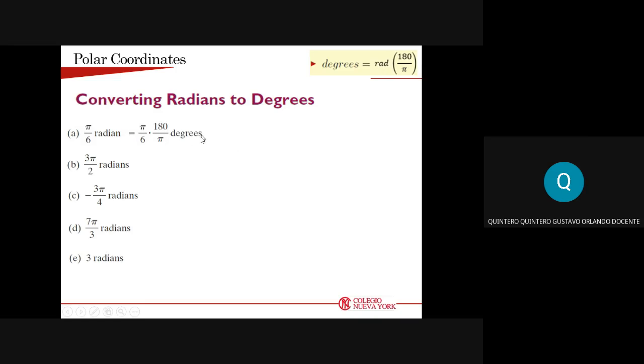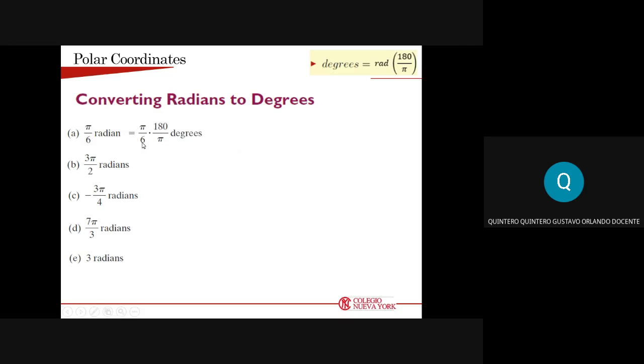The word degrees is just because at the end, the solution will be in degrees. But look at this. These types of questions can, most of the time, be done without a calculator, because we can do this even in our heads. Pi and pi are going to get canceled. So the solution will be 180 divided by 6.